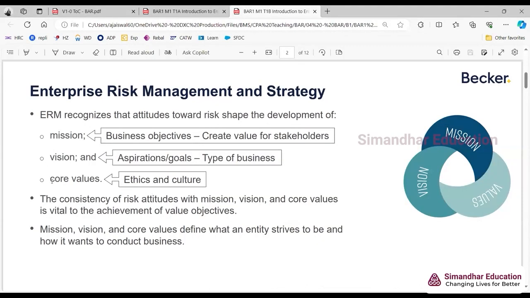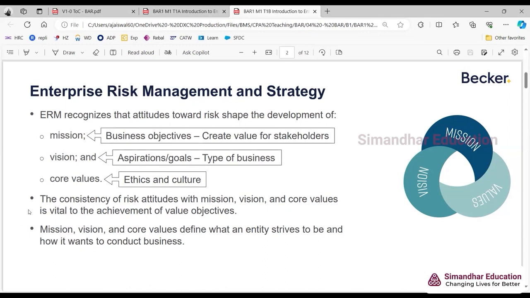Now next is core values. Core values are related to our ethics and culture: how ethical the organization is, and what sort of culture they are following. That is also very important because it differs from organization to organization, and it comes from the tone at the top. This is one terminology that I always use: it depends on the management.